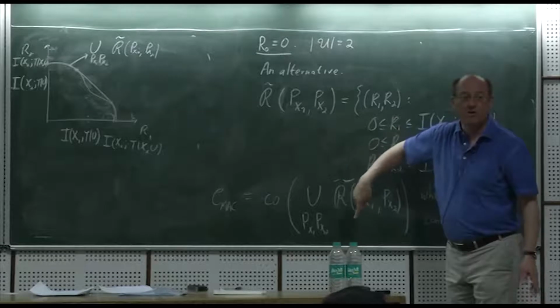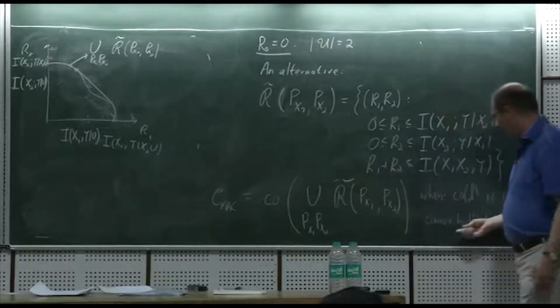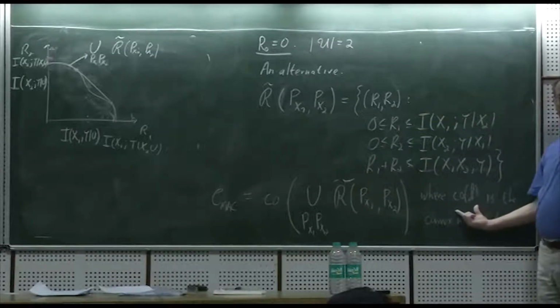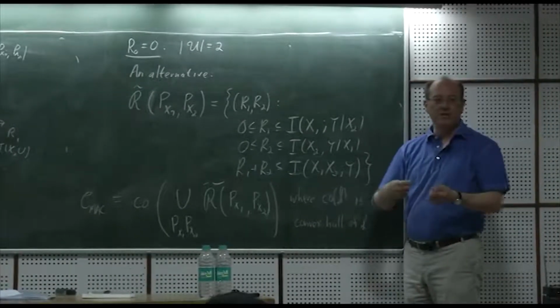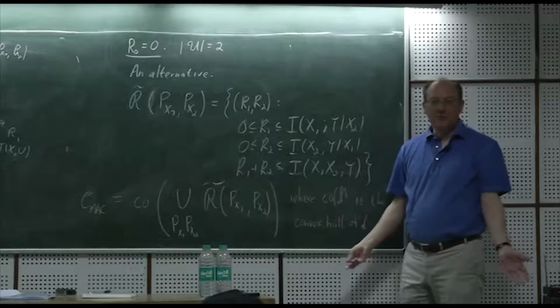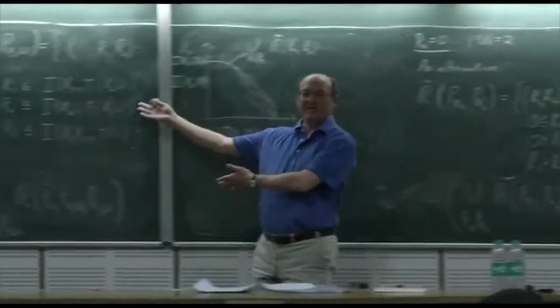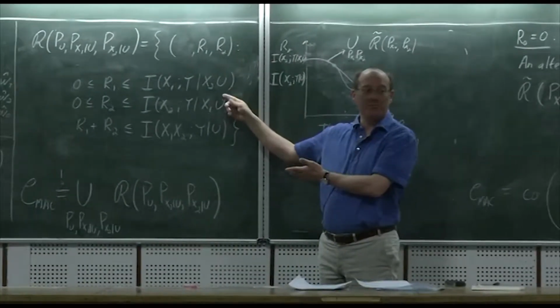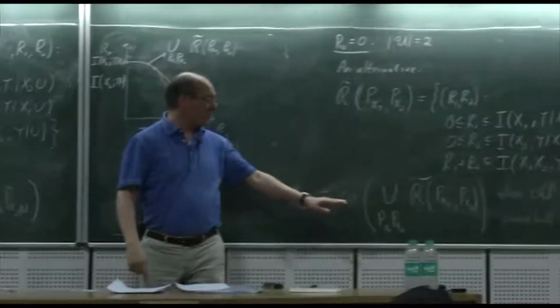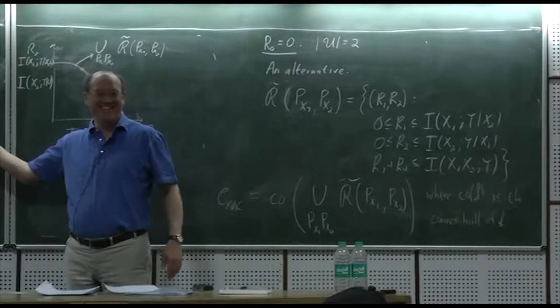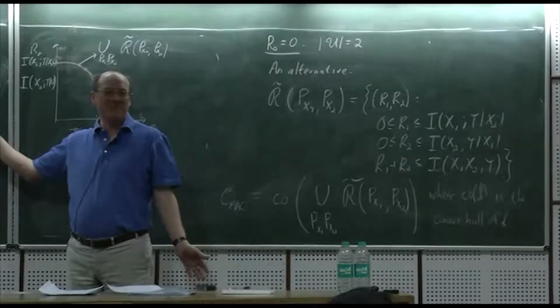It takes a bit of work. You have to start worrying about what the definition of a convex hull is. You have to start working with some geometry. I prefer not to. I prefer just to write this, because proving the converse for this will be really easy. Proving it for this isn't so easy, because you have to show that this is the same as this. So why not just work with this in the first place?